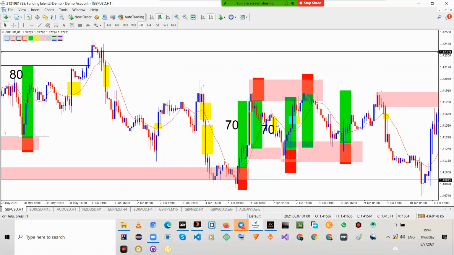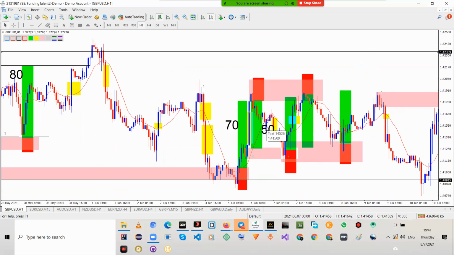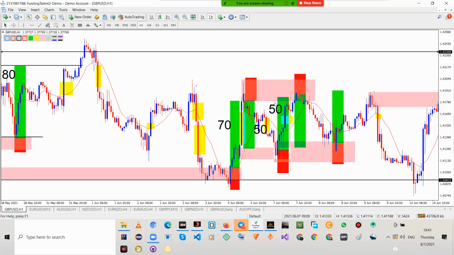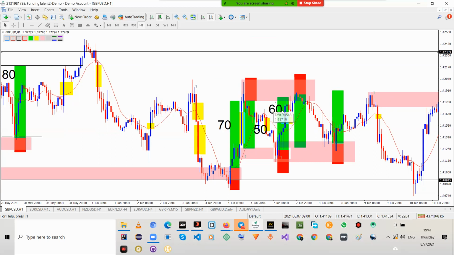I want to show you how magical this is. 60 pips. No, 60 pips. So guys, you can see there's nothing I'm faking here. There isn't even any chance for me to fake anything here. 50 pips.